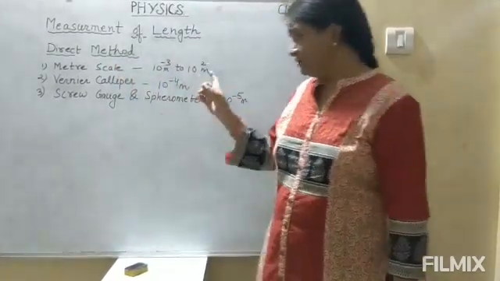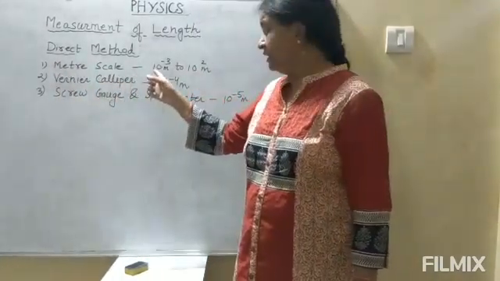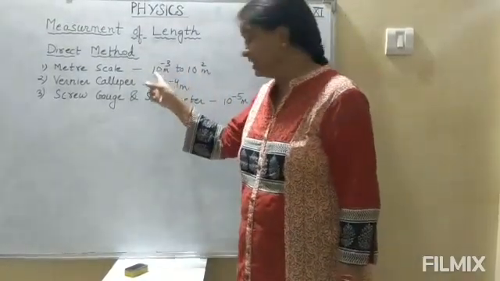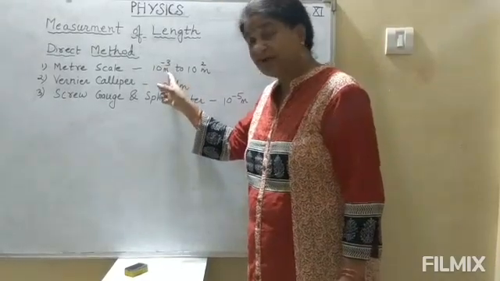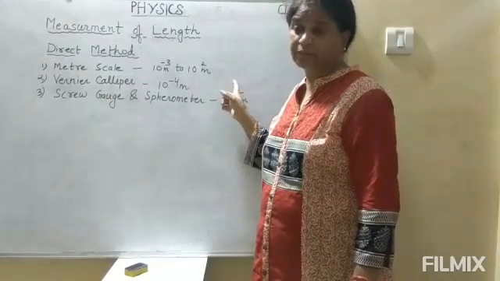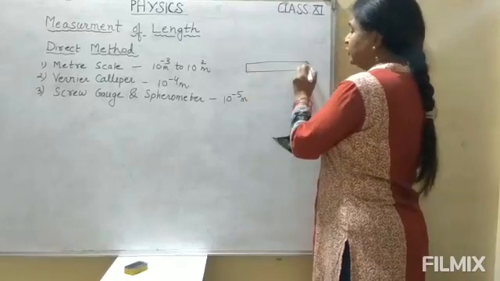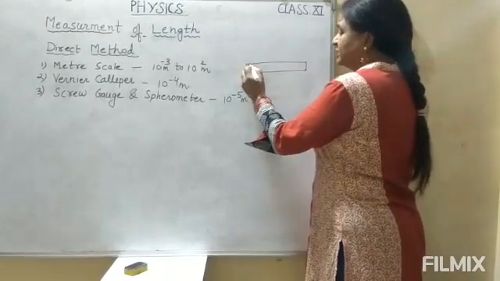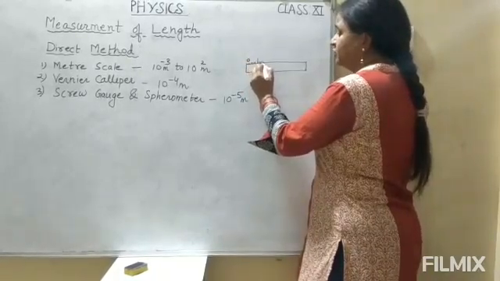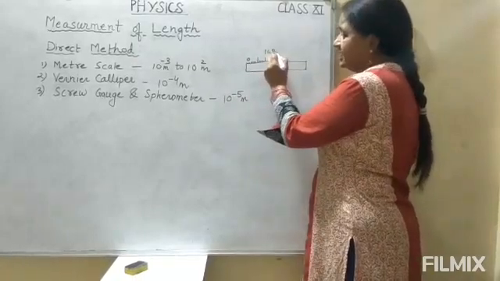The very common instrument that you use is the meter scale. A meter scale can measure lengths from 10 raised to power minus 3 meter to 10 raised to power 2 meter. In the centimeter scale that you use, it starts from 0, 1, 2, 3, 4, 5, and here it is written 1 centimeter.